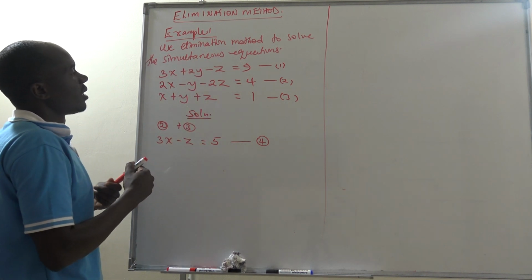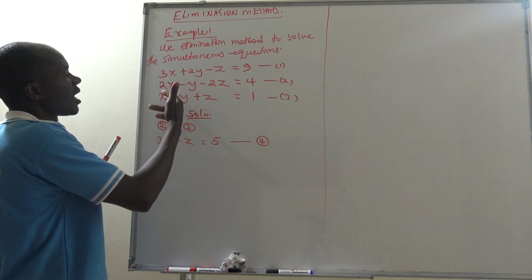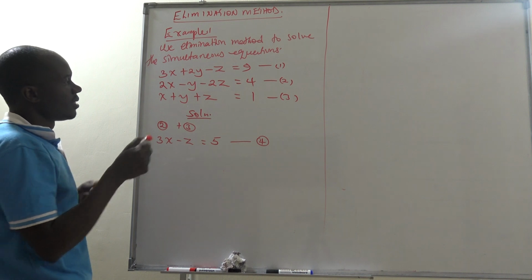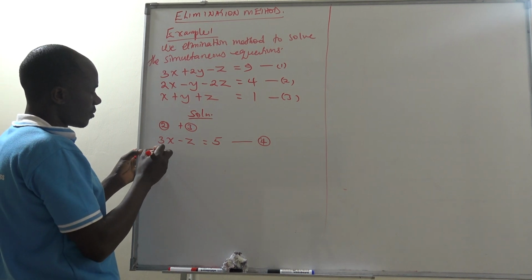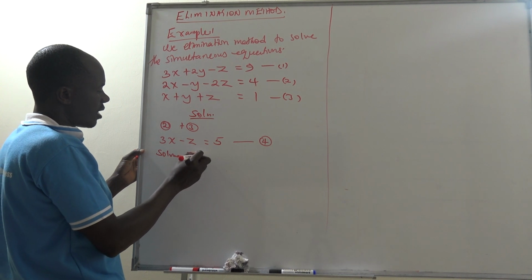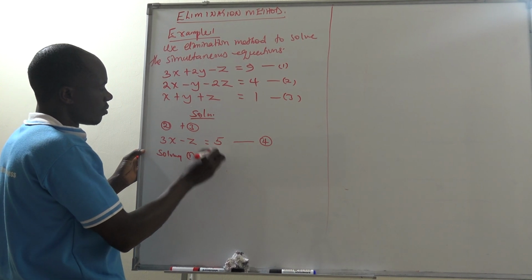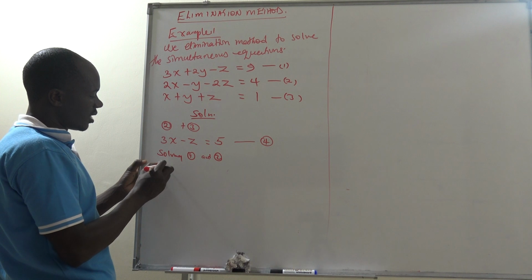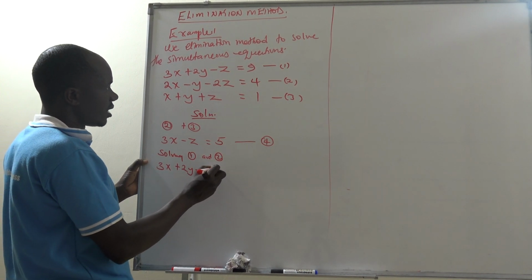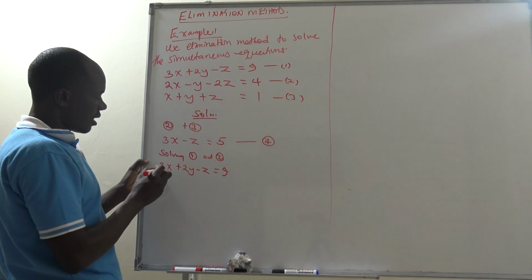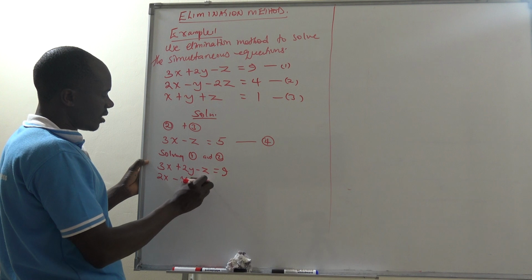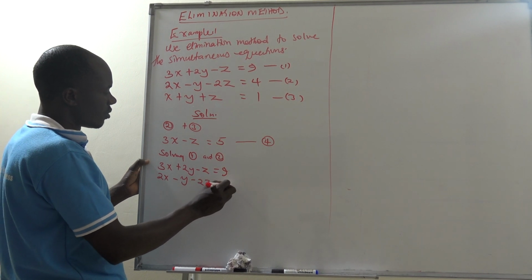So solving 1 and 2. Equation 1 is 3x plus 2y minus z equals 9. Another one is 2x minus y minus 2z equals 4.